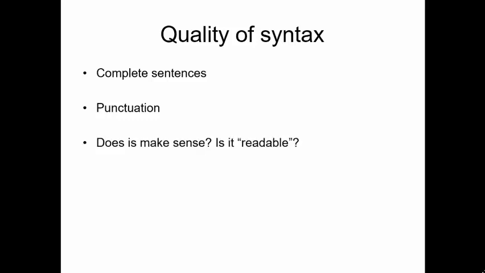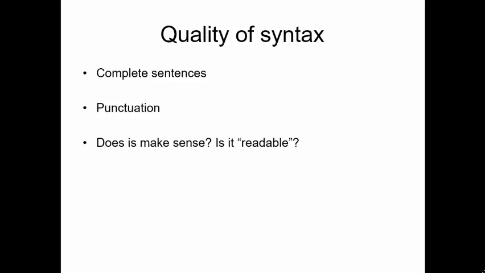So proofread it several times, and you will actually be able to catch some of these things that I'm talking about. One of the things you want to be careful about is, is it a complete sentence? Proofreading will verify that. You want to make sure that you use the proper punctuation. I'll talk about commas in a minute, but punctuation actually provides those inflections and nuances in your sentences that make it more readable. You want your writing to make sense.